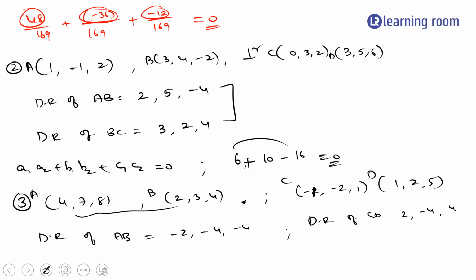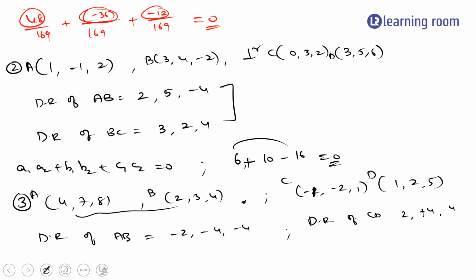So when 2 lines are parallel to each other, what is the relation between the direction cosines? Correct, it is plus 4 for the middle one. Listen to my question.